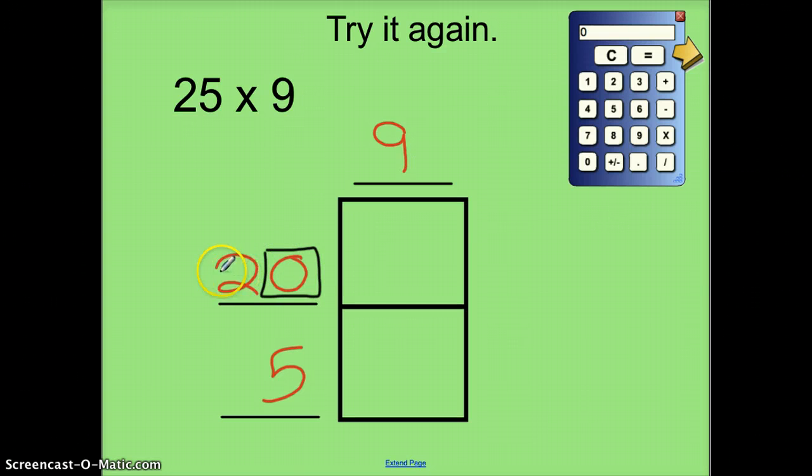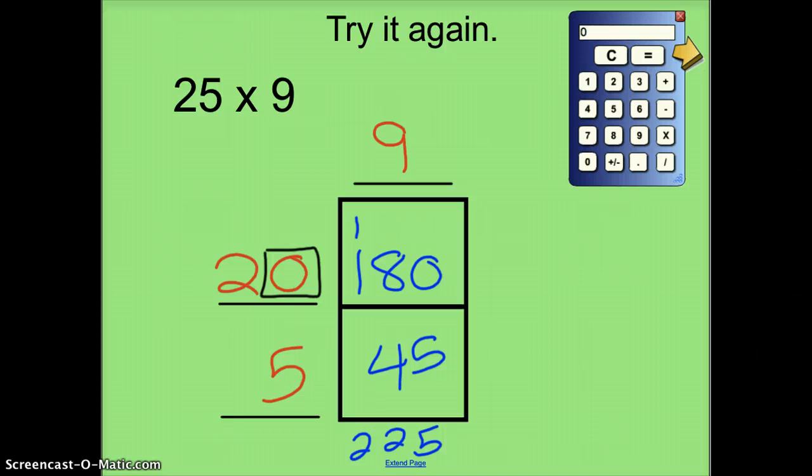Now I can multiply. 2 times 9 is 18 plus that 0. 5 times 9 is 45. 0 plus 5 is 5. 8 plus 4 is 12. Regroup my 100. 1 plus 1 is 2. 225. Let's check. 25 times 9 equals 225.